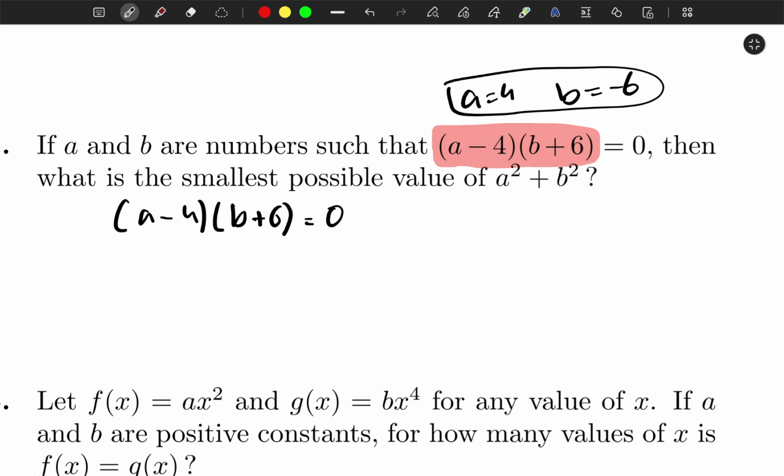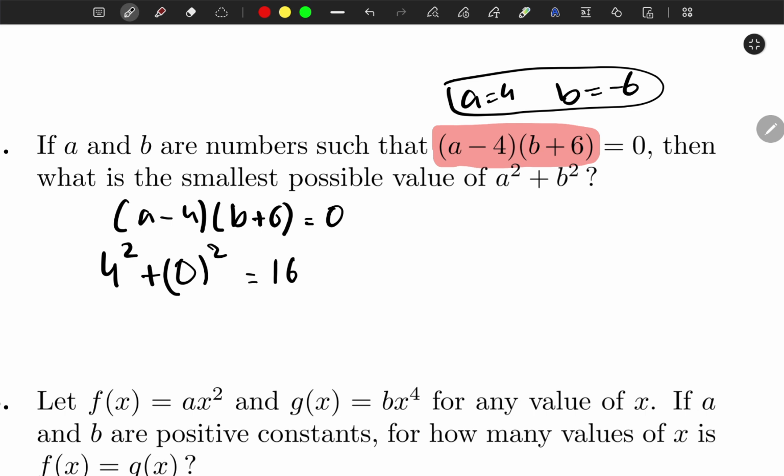So if we let A as 4, in that case this factor would be 0, right? So we let B as the minimum possible value we can let it be, which would be 0, right? That's going to give us 16. Is that right?